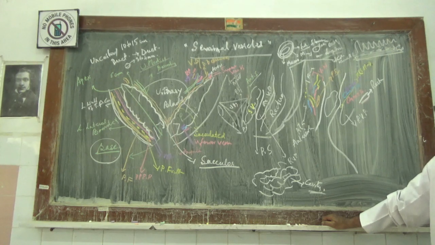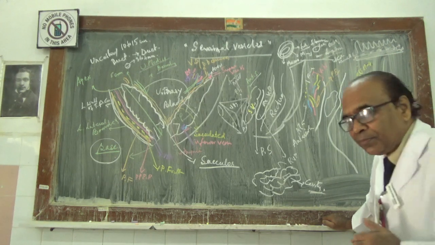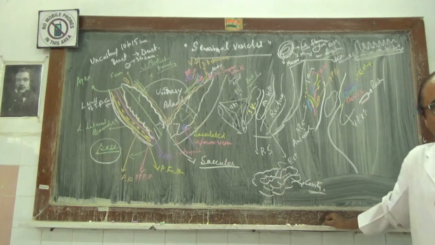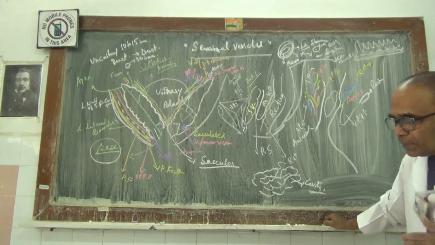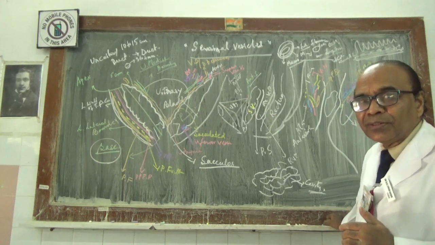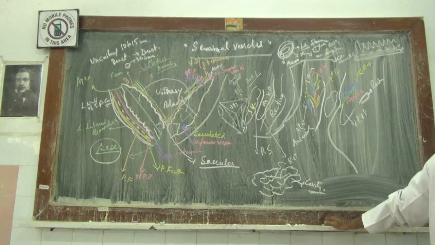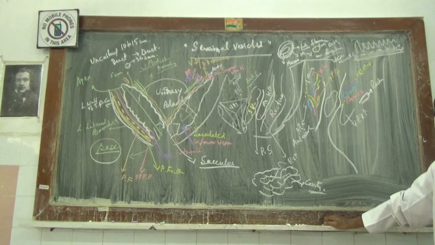Both the sympathetic and the parasympathetic. Sympathetic is the bodily segmented part, in this case the sacral plexus. This sacral plexus is formed by the spinal nerves, and there you have the ganglions.